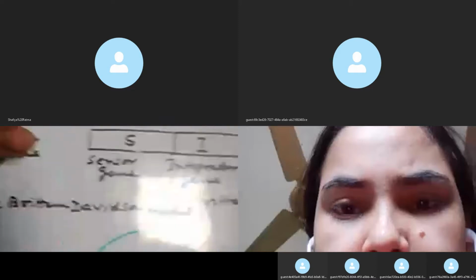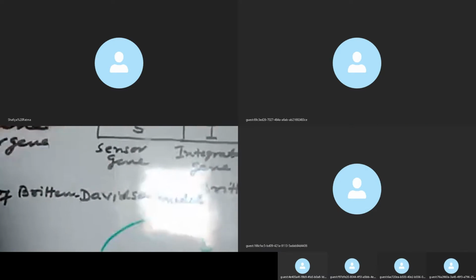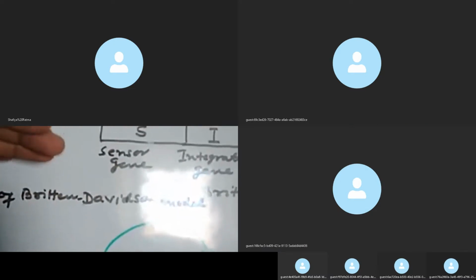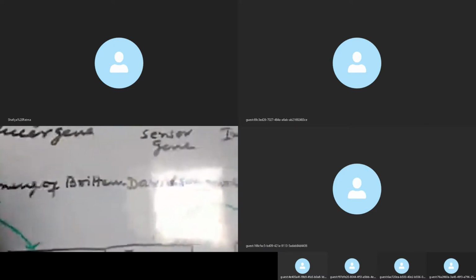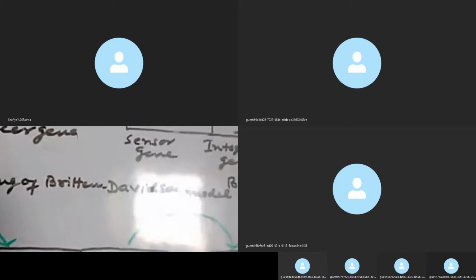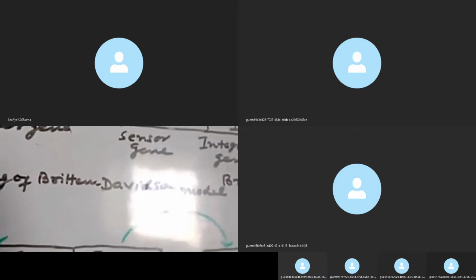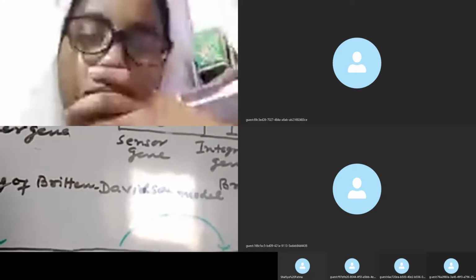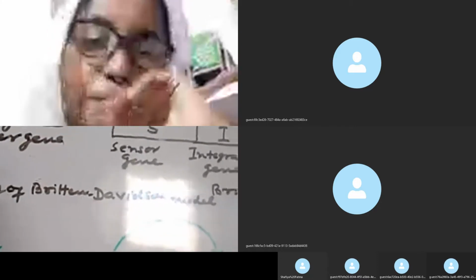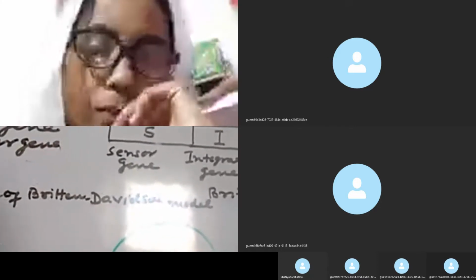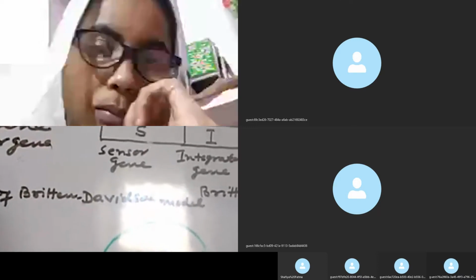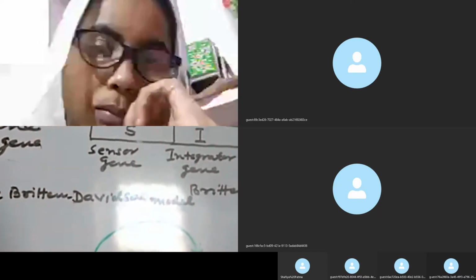Now look at how this Britten-Davidson model functions. This is the sensor region, and it perceives the molecular signal. When the sensor region gets activated by receiving the signal molecule, it in turn stimulates the integrator gene.